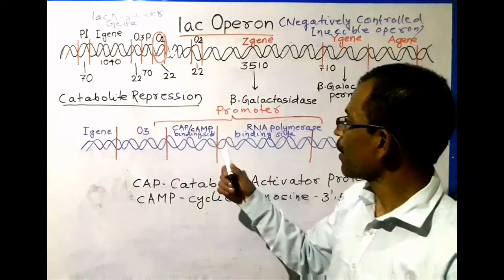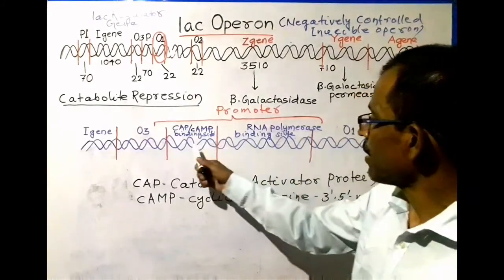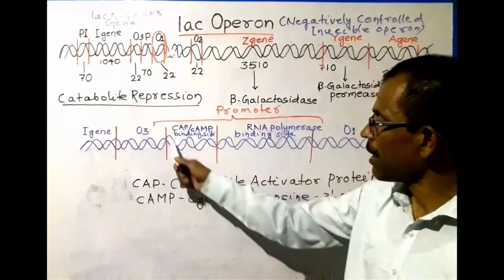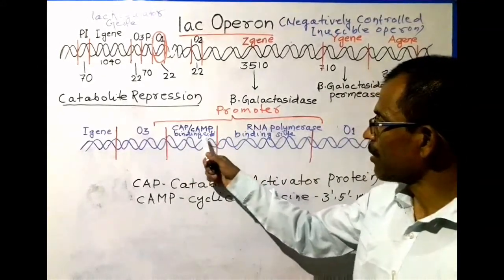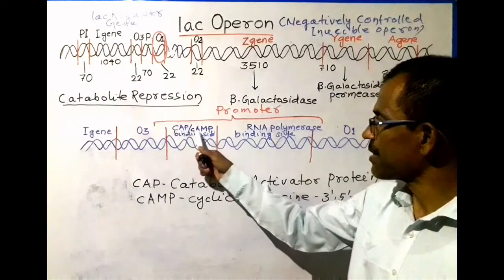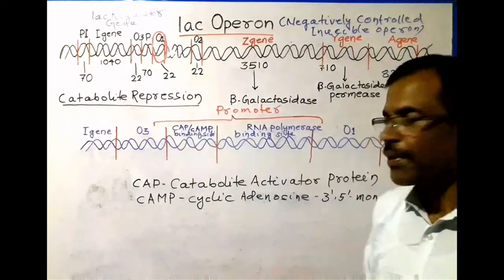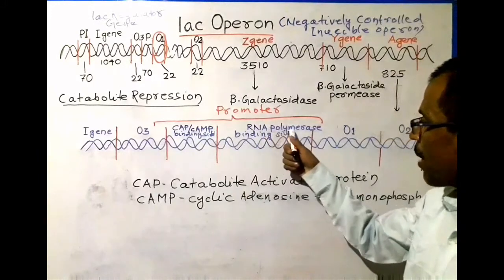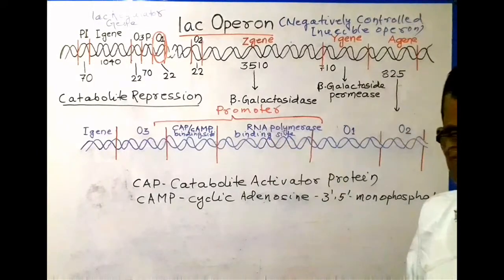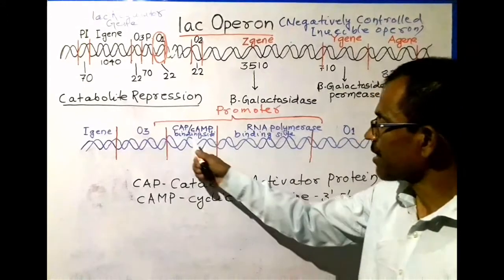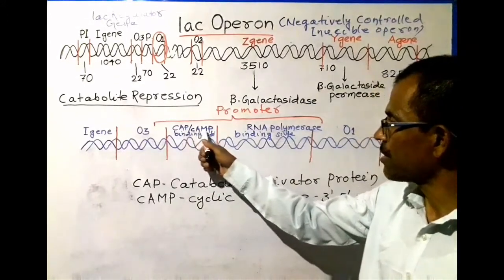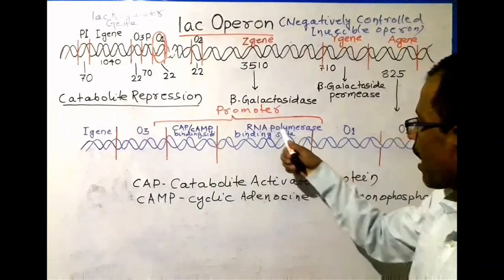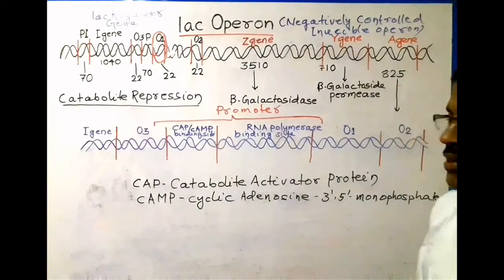In the LAC operon, the promoter contains two different binding sites. One binding site is for binding with CAP-cAMP complex. The other binding site is the site where the enzyme RNA polymerase binds. So one binding site is CAP-cAMP binding site, another binding site is RNA polymerase binding site.